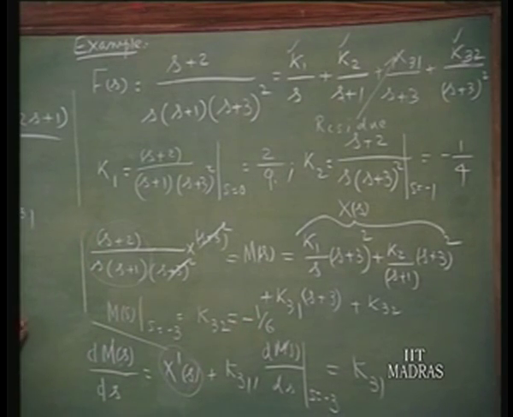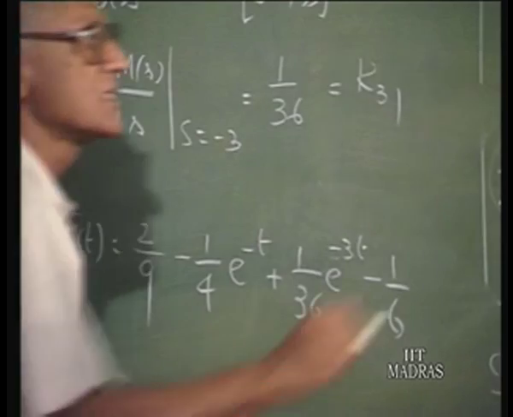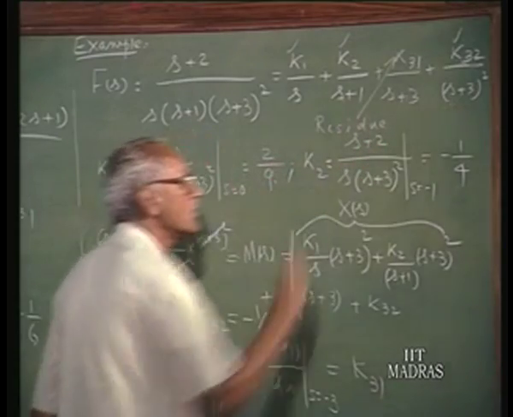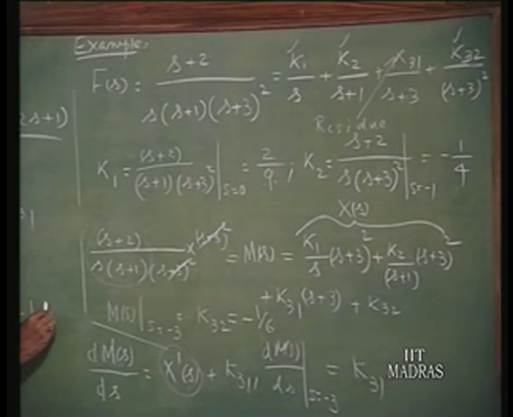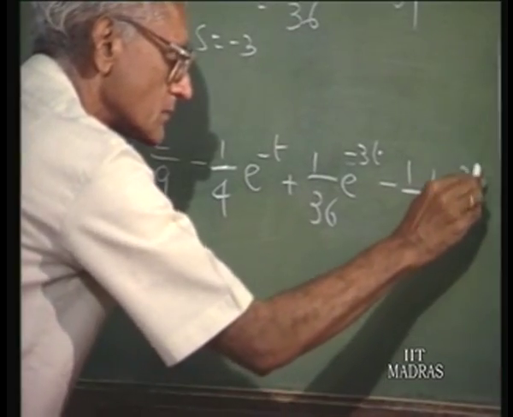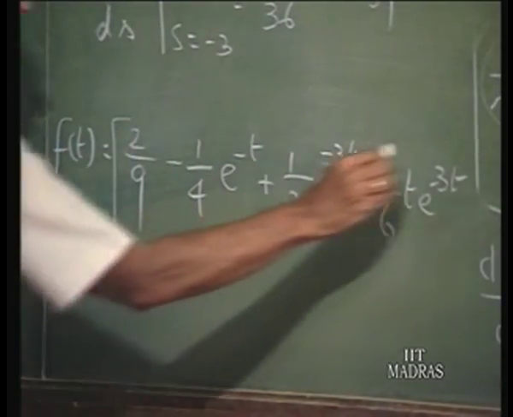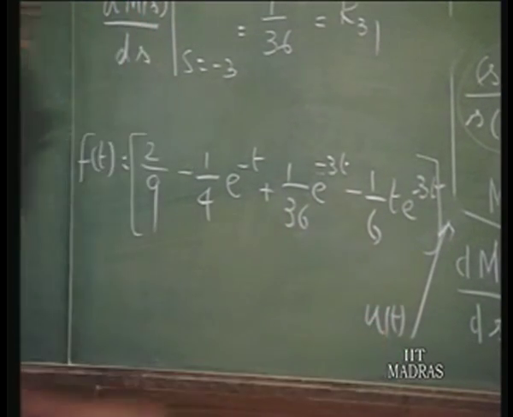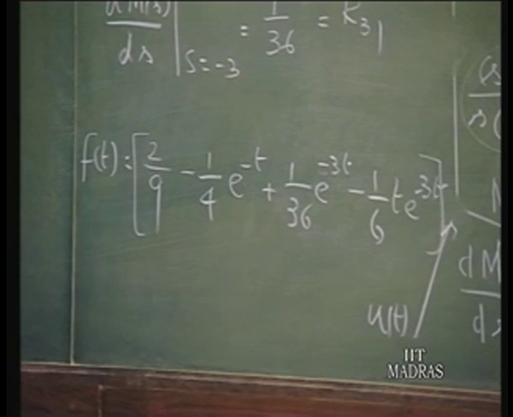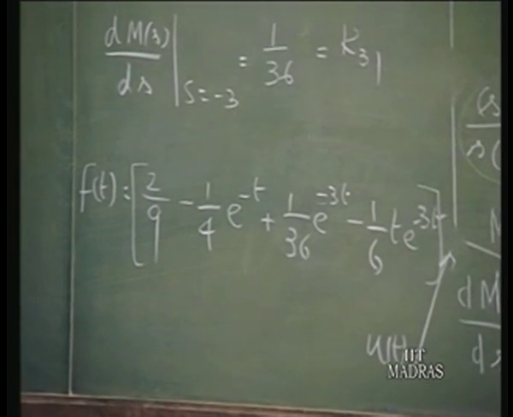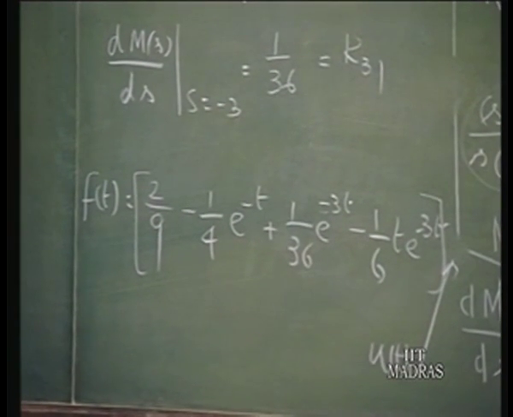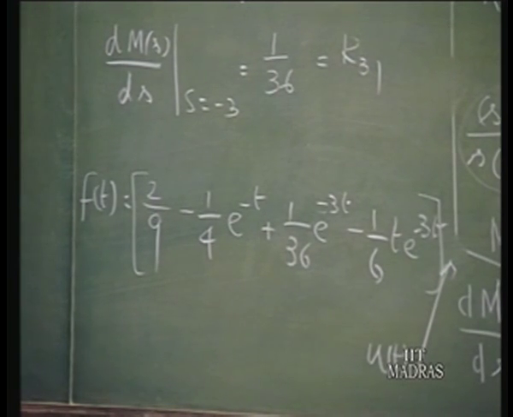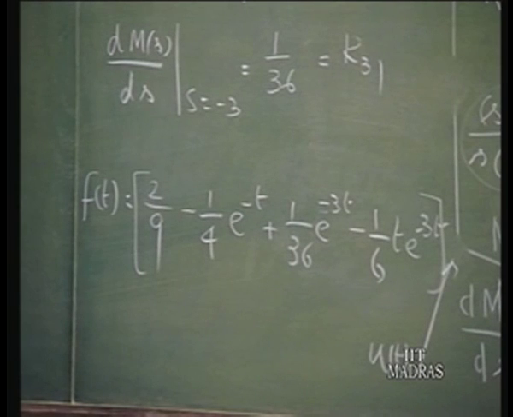Therefore, since it's K32 over (s plus 3) whole squared, the inverse Laplace transform is t multiplied by e power minus 3t, and the whole thing is multiplied by u of t. So, the final answer is 2 upon 9 minus 1/4 e power minus t plus 1 by 36 e power minus 3t minus 1/6 t e power minus 3t, multiplied by u of t. That is the final result.